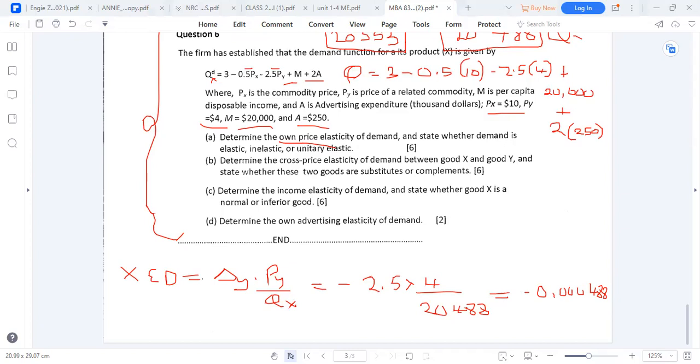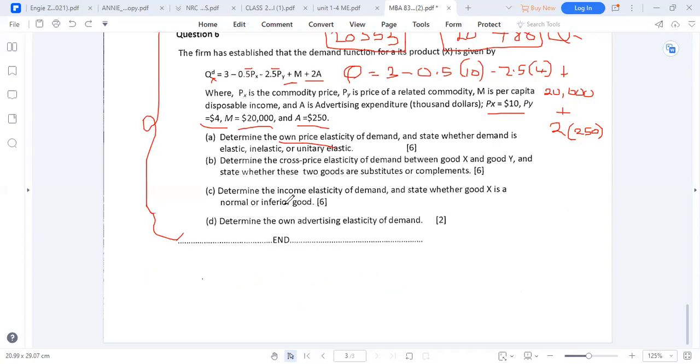So now we go to our income elasticity. Who can give me the formula for income elasticity of demand?